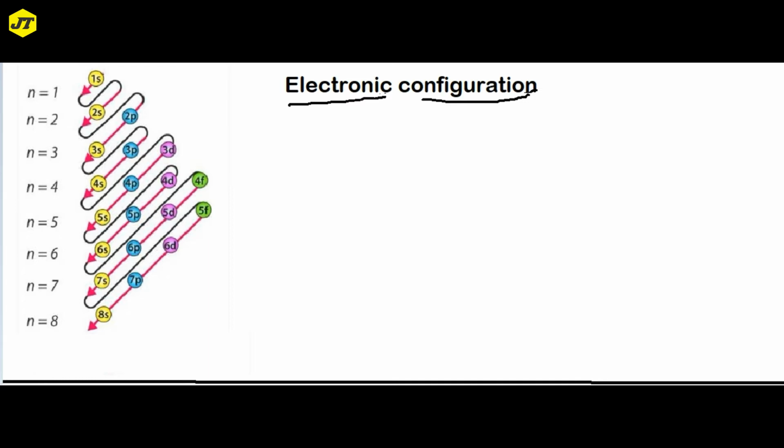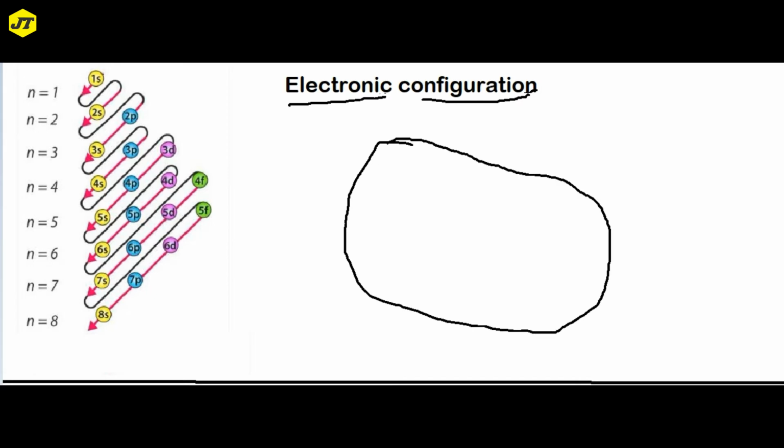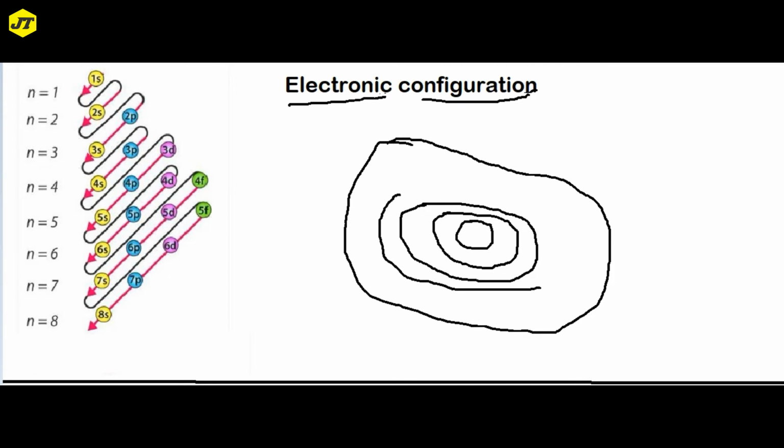So then what are the uses of electronic configuration? So we can find the exact position of an electron. So first, let's take an example, this is an atom. Okay, this is the nucleus, this is the first orbital, this is the second orbital, this is the third orbital, and so on.